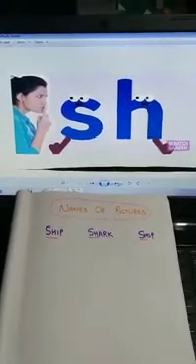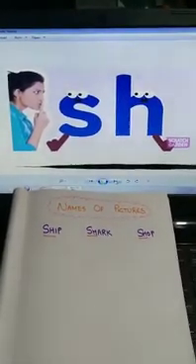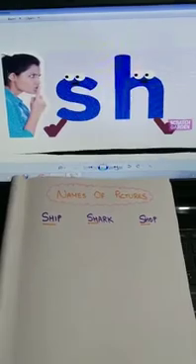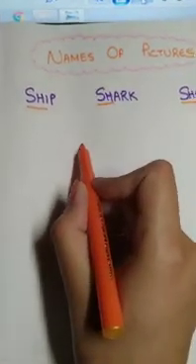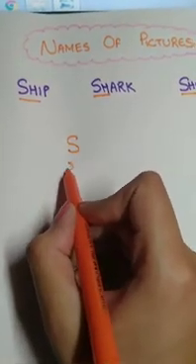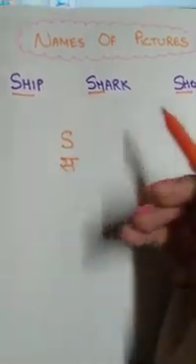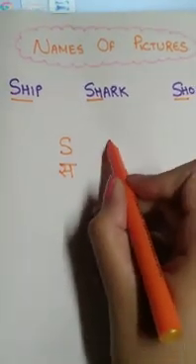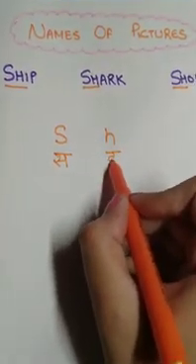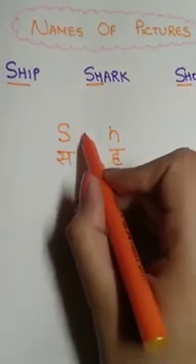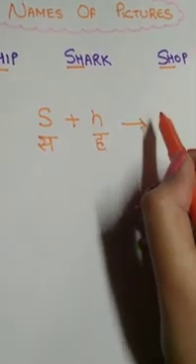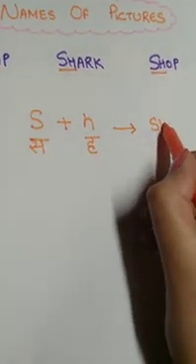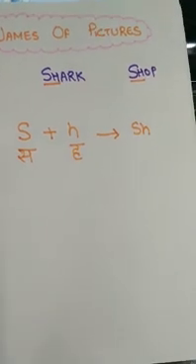But how does this sound form? ये sound बनी कैसे? Let's figure it out. As you know, babies, S sounds S and H sounds H. But when we join them together, we get a new digraph, which is SH.